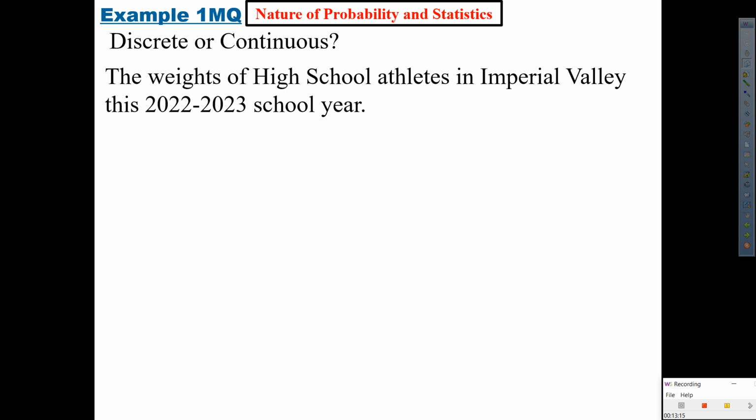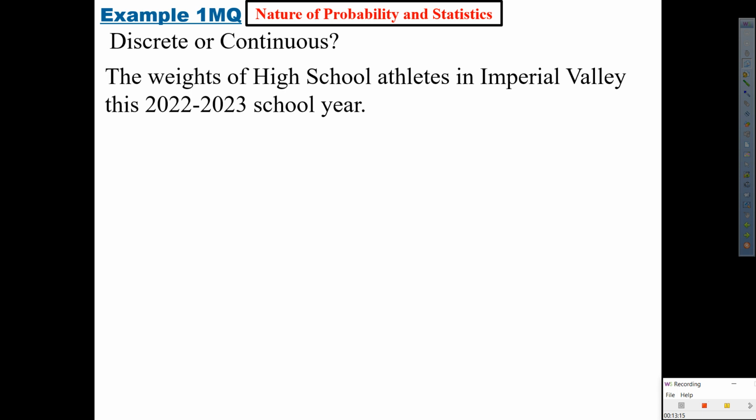Good discussions. Let's take a quick poll. Who says discrete? Who says continuous? Yeah, I'll go with continuous just because the weight fluctuates.